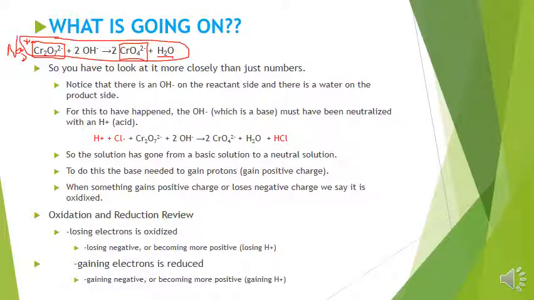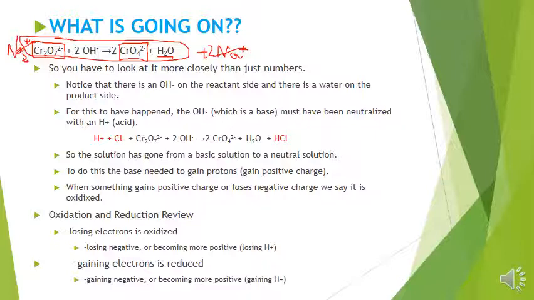When you put this into solution as a solid, it might have been two Na plus. The sodium separated from the Cr2O7, and then the reaction took place, but the Na plus is just floating around in the solution. Because it's the same on both sides, we don't worry about it. I don't know if it was sodium or not. It might have been some other ion, or even the associated polyatomic ion with this one.